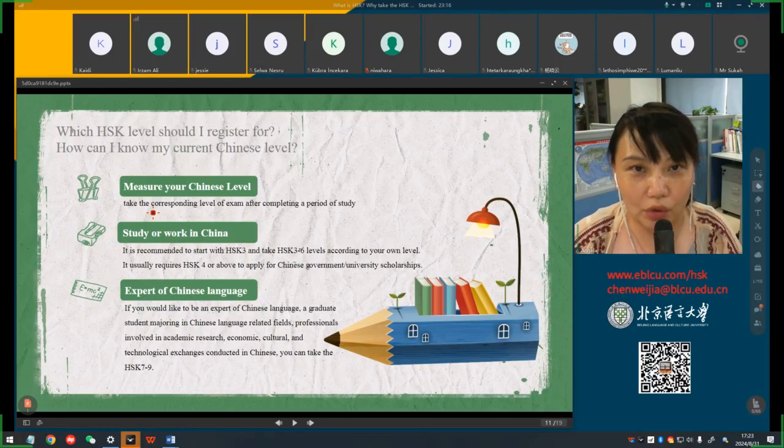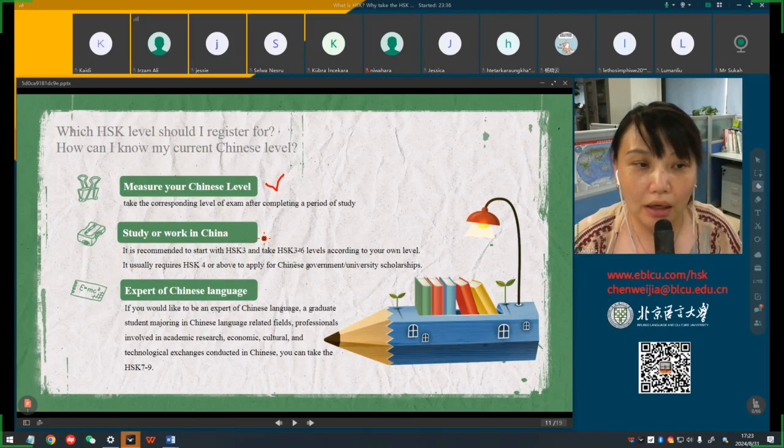You want to know if you are qualified, if your level really reaches HSK 1. So you can take a test for HSK 1 and check your level. So that is for the first purpose.